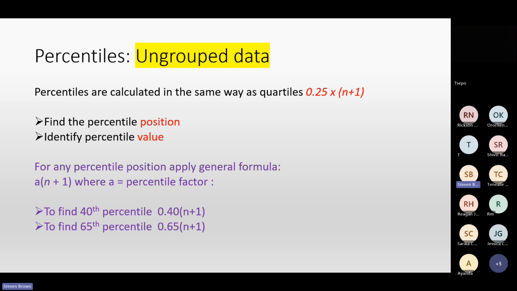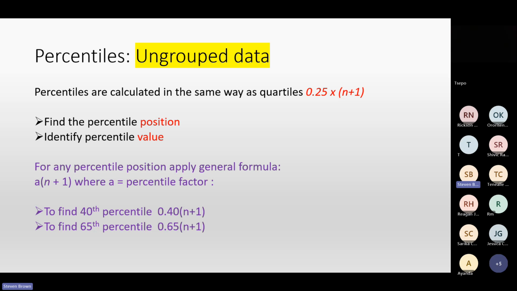I'm pretty sure you got it. Then you do exactly the same process that I've just taught you. Put in the n, which will be 11, plus 1 is 12, multiplied by 0.4, find the position, then find the value. Okay, these are really easy. Class, you know easily how to do it.